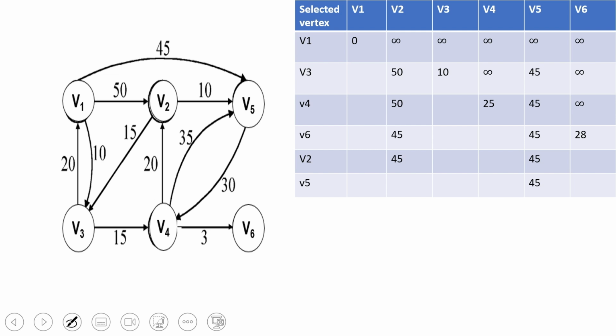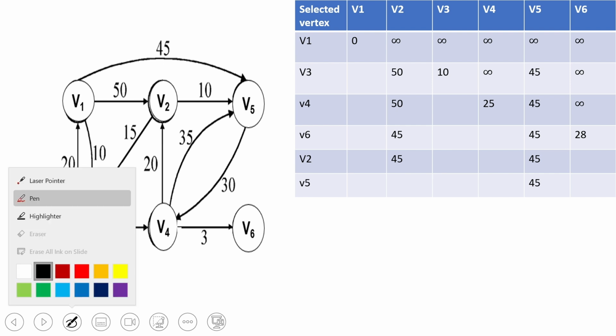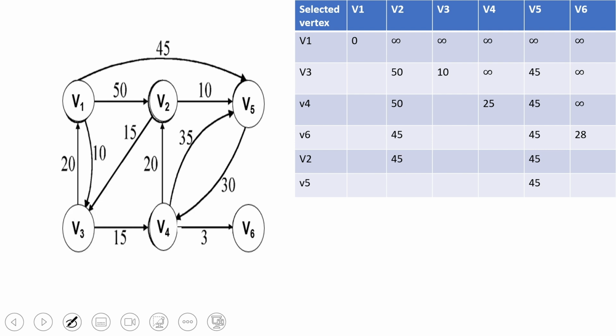So as I told in the starting, we can find the shortest path or shortest distance, right? So from here, how can you find? I'll tell you. If they are asking the shortest distance from V1 to V6, V1 is this, V6 is this, right?